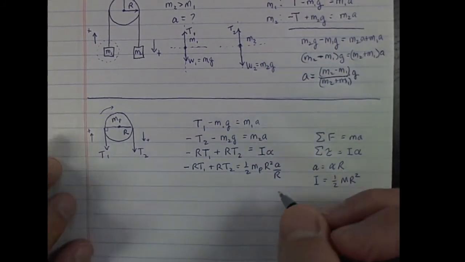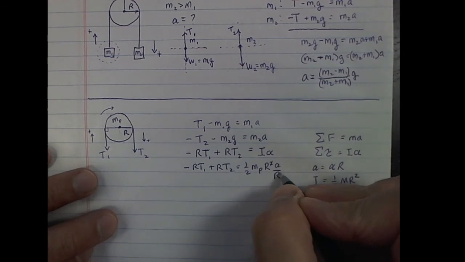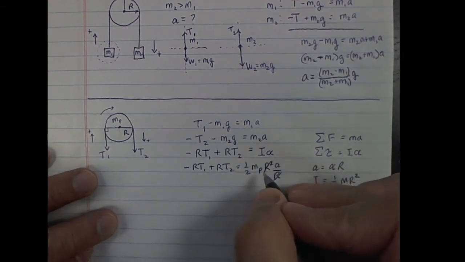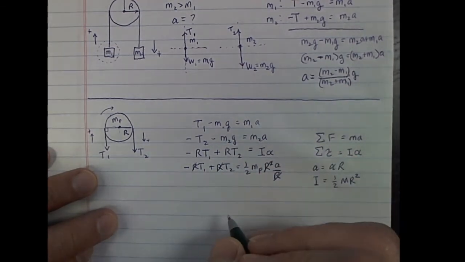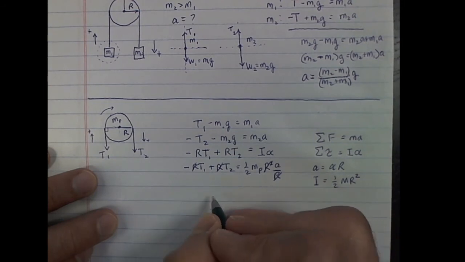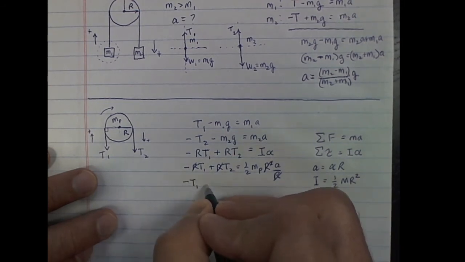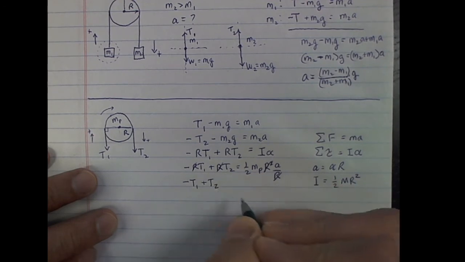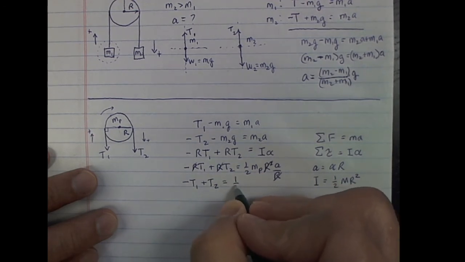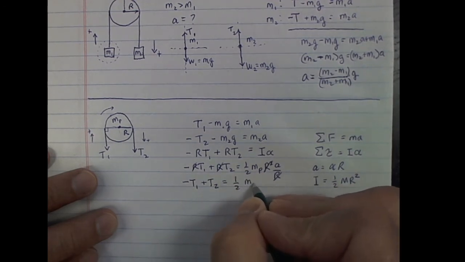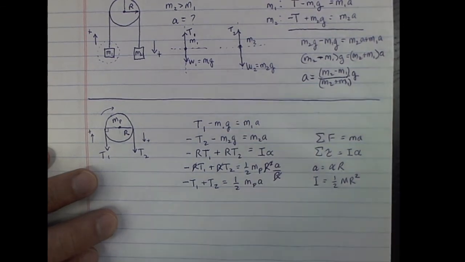The radiuses cancel, because this R squared cancels that R, and there's an R in every term. So we have negative T1 plus T2 equals 1/2 MP A.